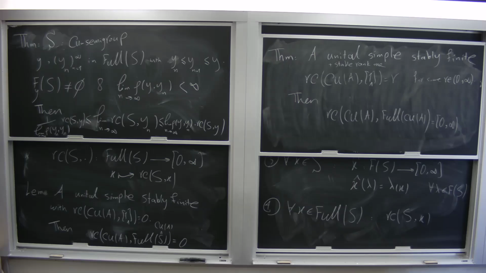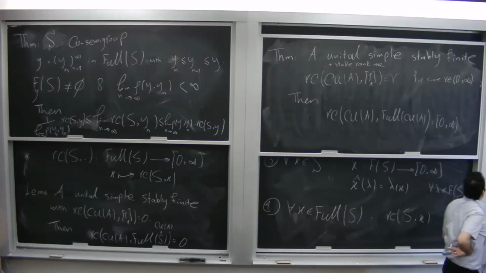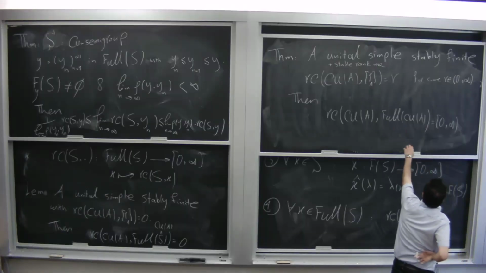Can I ask you a question about your theorem? Yeah, sure. You say that by choosing a full element, you can make the range of your function to be (0, infinity), certainly not including infinity, but can it really include 0? Okay, you wanted to ask about this last theorem.